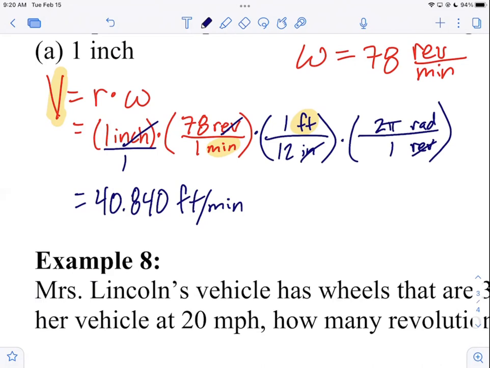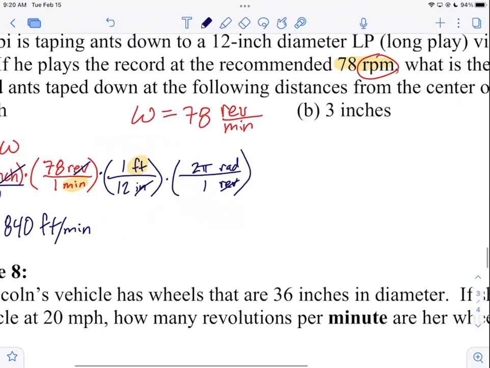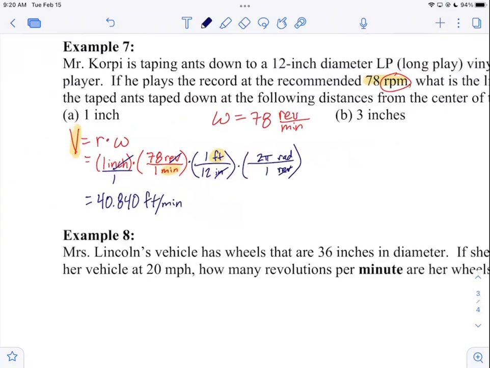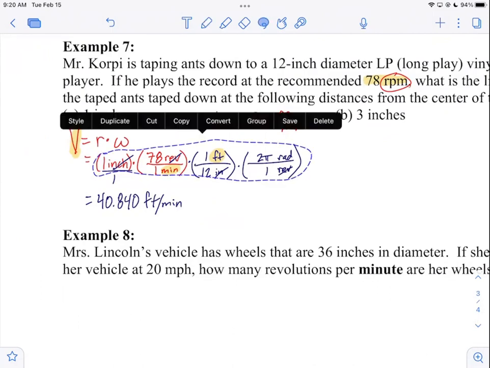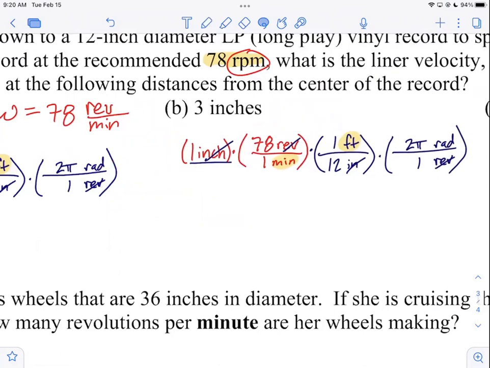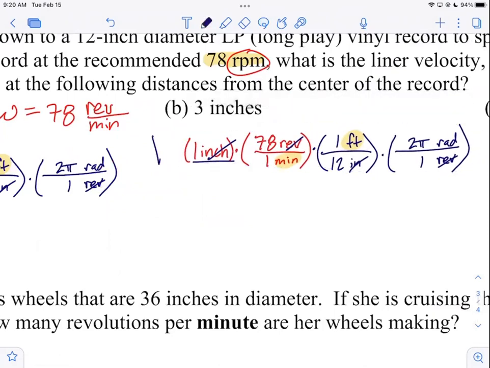They get dizzy. Okay. Now, if I tape it down 3 inches from the center, what's going to change in my calculation? Let's copy this and paste it over here. The only thing that's going to change is that the linear velocity is still r omega, but instead of 1 inch, it's 3.